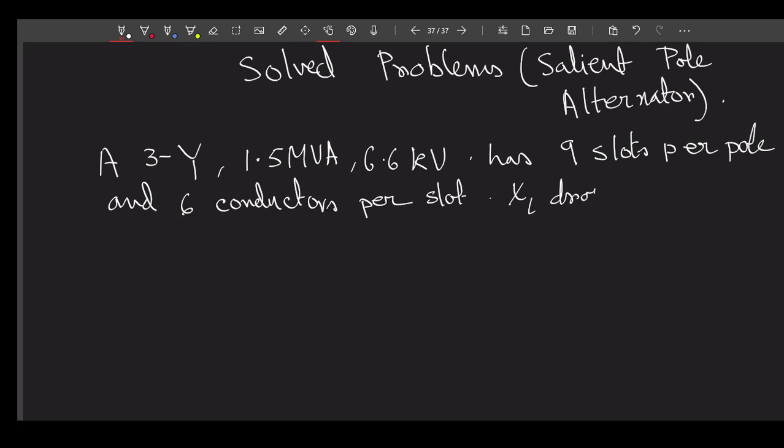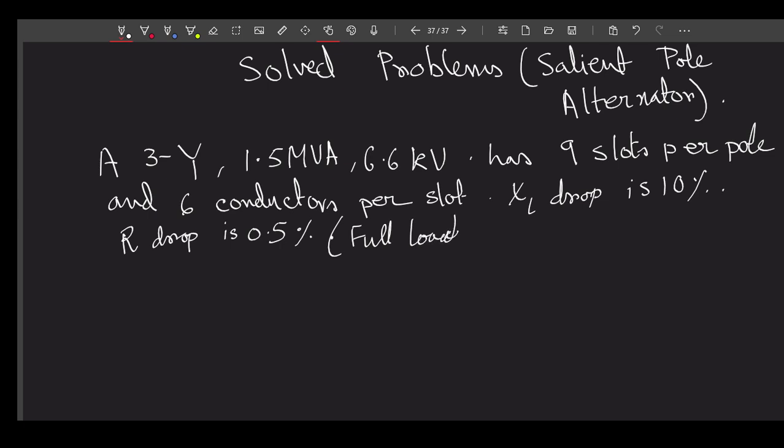Axle drop is 10%, resistance drop 0.5%. Both are obviously recorded during full load condition.